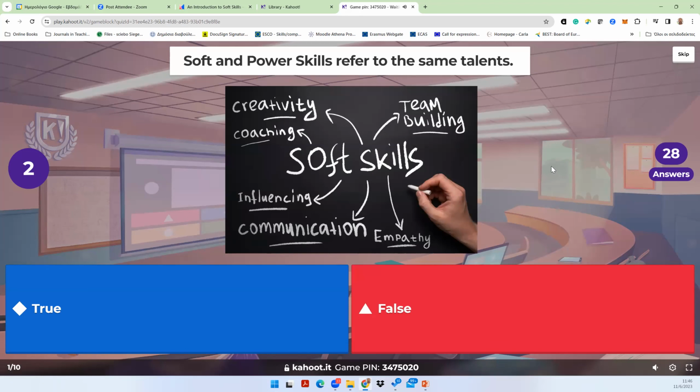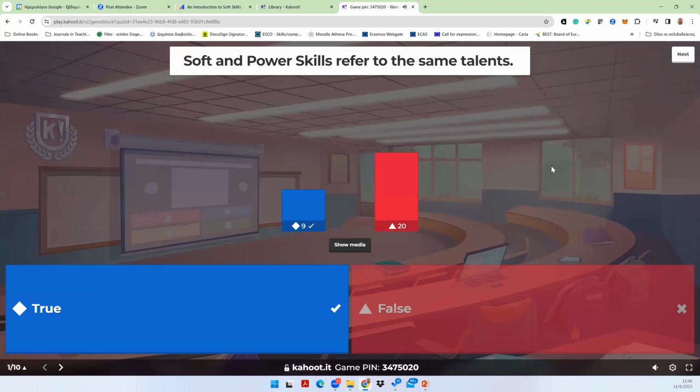Sometimes the soft skills are called life skills or power skills because they empower your employability. So not an ideal start, which makes me think.